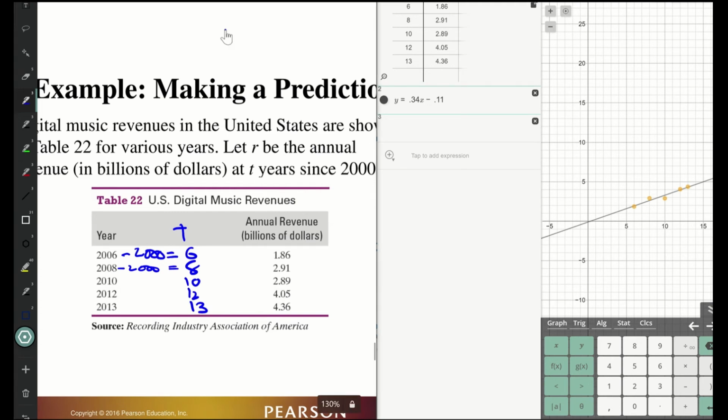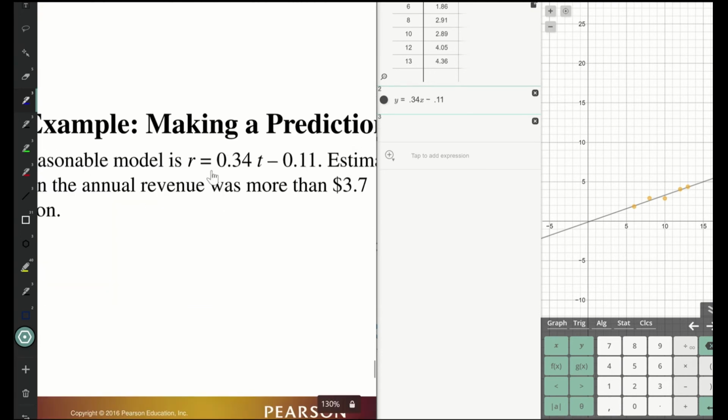And it turns out that if we look on the next page here, this is a good model. As you can see, I've graphed it here. Of course, instead of R and T, I used Y and X because that's how these calculators work. But notice that model is a very good model that comes very close to all of those points, right? In fact, some of the points fall right on it.